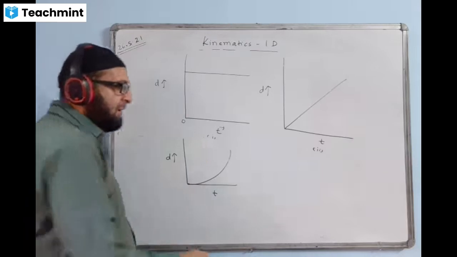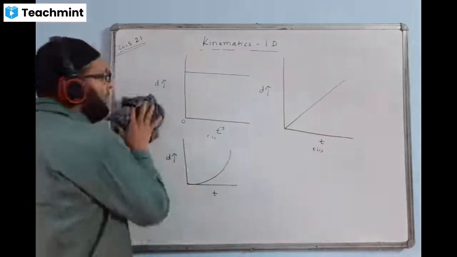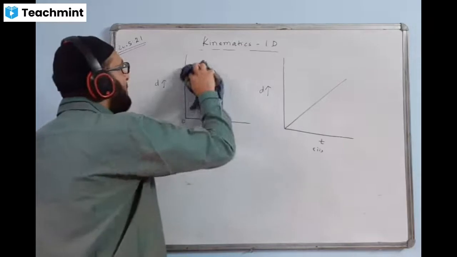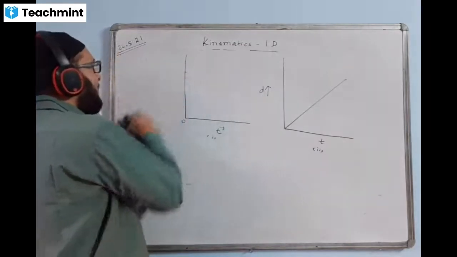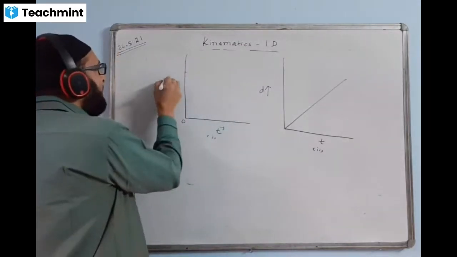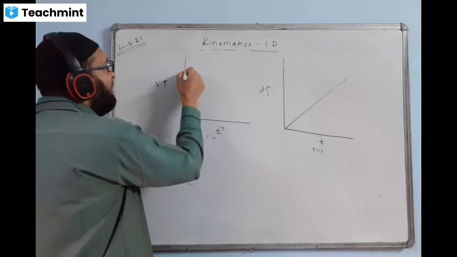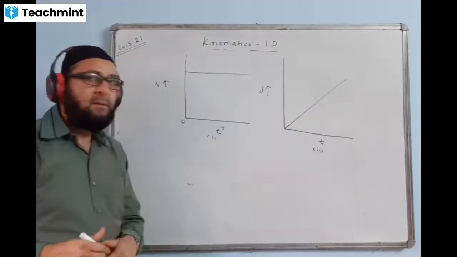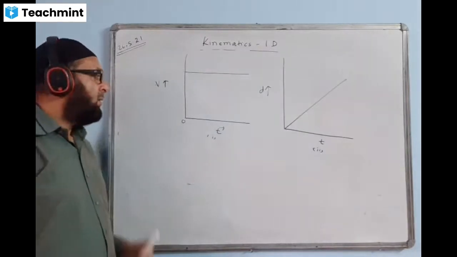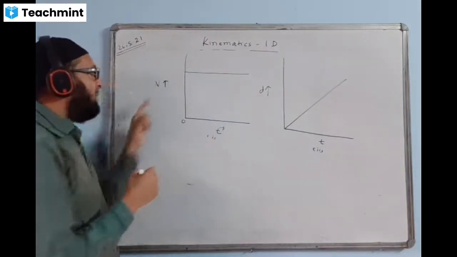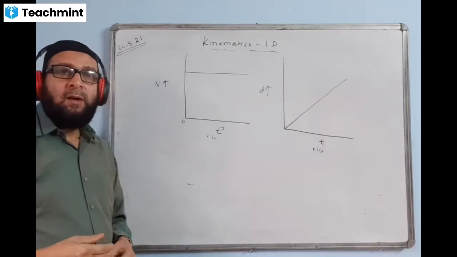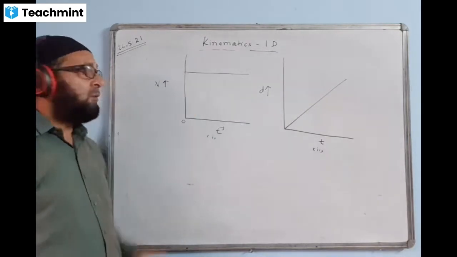So this is just a general idea only. Though you have done it in the lower classes, once again you have to learn, and accordingly you will draw the graph. Now it is the VT graph, velocity-time graph, and a graph is like this. What does it represent? What does it show? It tells us the acceleration is 0, because the slope is 0.